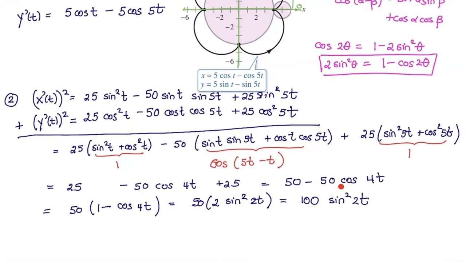This produced something for which we can still not take the square root. We need something squared, and the way that we do that is through the half angle or the double angle formula. And so using it, we found that 2 sine squared of 2t was going to be a suitable replacement for 1 minus the cosine of 4t.